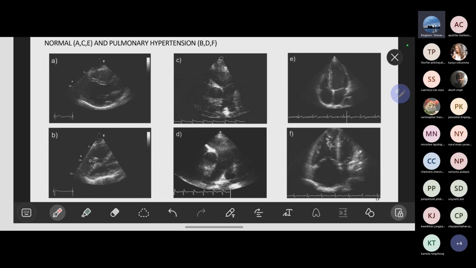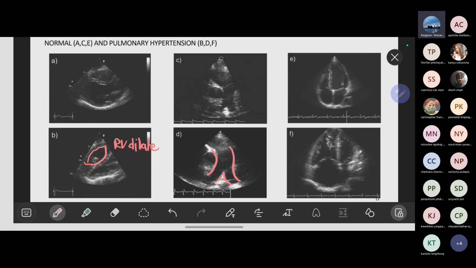You will see a dilated RV with RV wall hypertrophy. C is the normal parasternal short axis at the main pulmonary artery level, and D is the parasternal short axis in pulmonary hypertension, which shows a dilated main pulmonary artery.